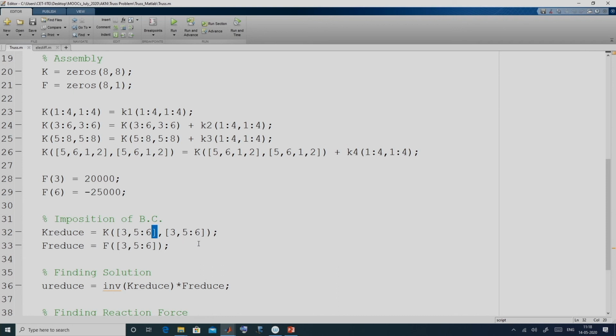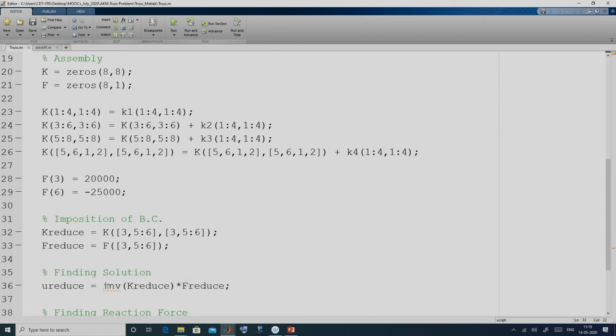So, these are our active entries in our reduced stiffness matrix, that is done here. Similarly, we get the reduced load vector.